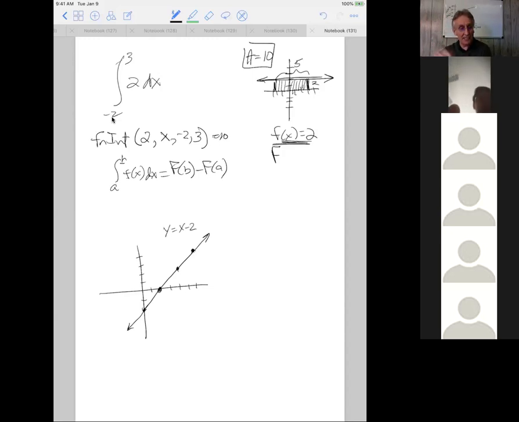So this indicates the kind of thing we've got to do. I'm going to ask you to do by hand now the things you've been doing. The calculator you can use to check your work, but we're going to do this by hand.